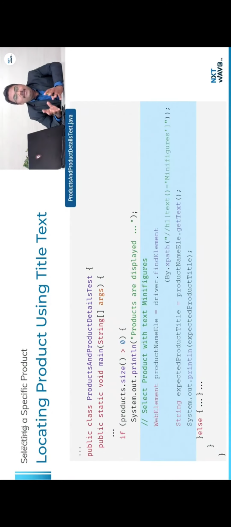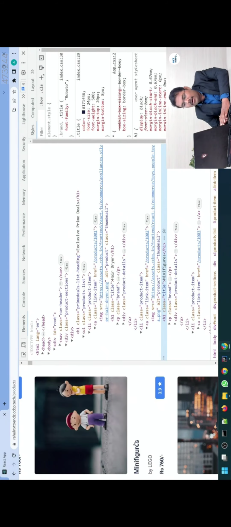So how do we identify or select a particular element in such scenarios? We'll typically use the web element class, and then we'll create a new variable where our Chrome browser instance will try to find the element by its XPath function as given over here. So let's try this out. Basically what we need to do is identify the heading called minifigures.